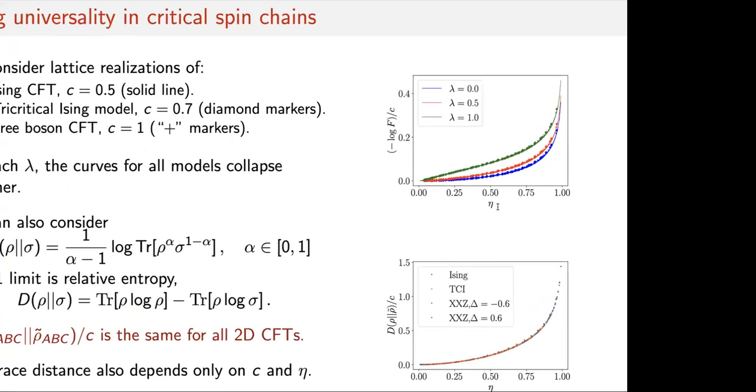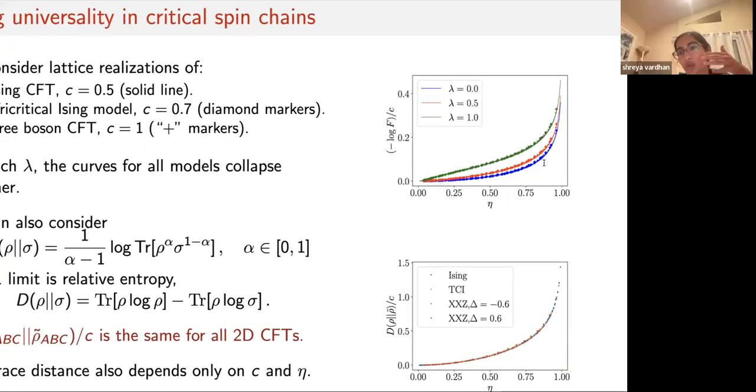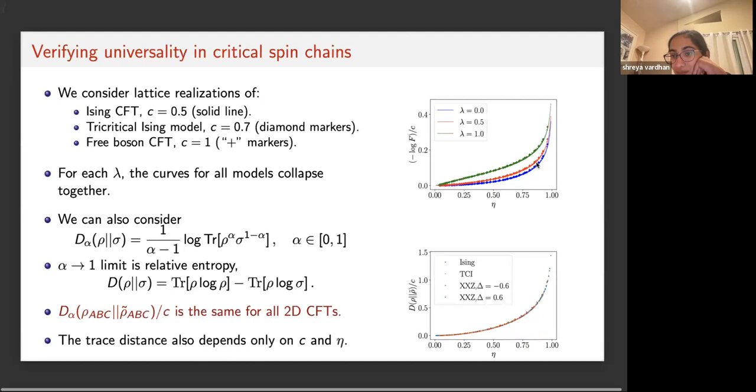It works somewhat well, but it's not exactly the same. You can write such a function in terms of some unknown parameter and do some best fitting, and it works close to the limits and doesn't work so well in between. Maybe there's a better guess that we can come up with, but it's always hard to check if that's the actual function. I see. Yeah.